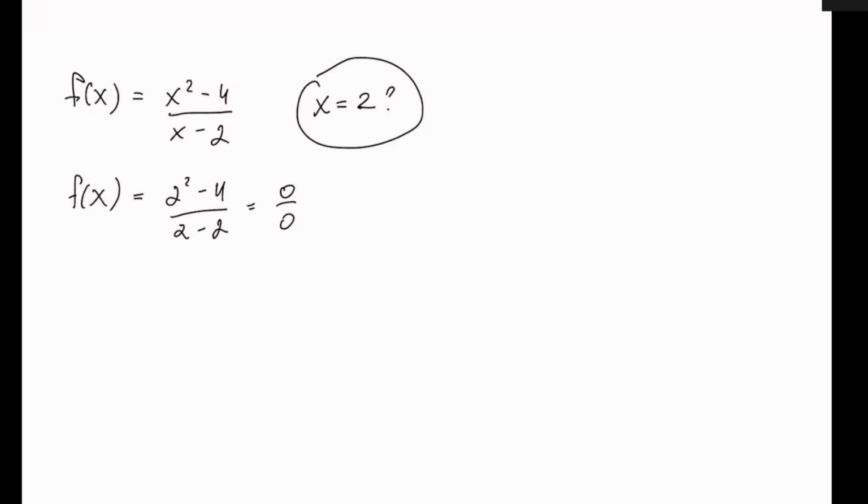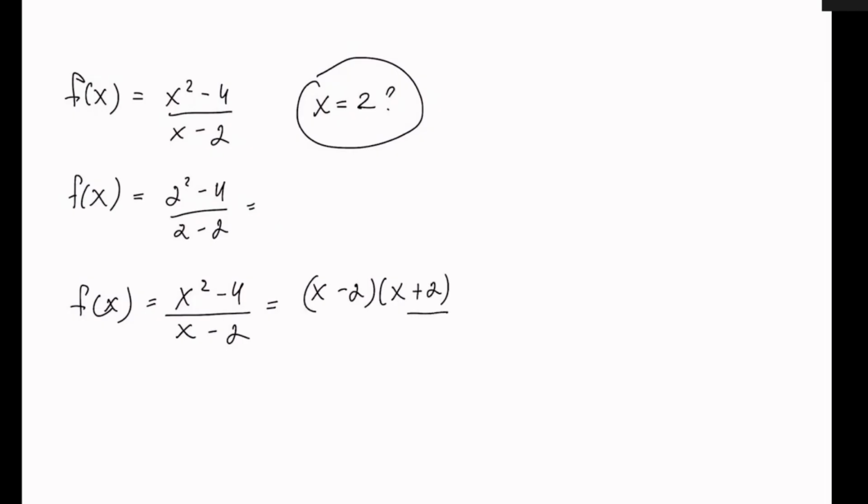Let's first factor the numerator. So let me rewrite that: f of x equals x squared minus 4 over x minus 2. Here we have a difference of squares, so that's x minus 2 times x plus 2 over x minus 2.